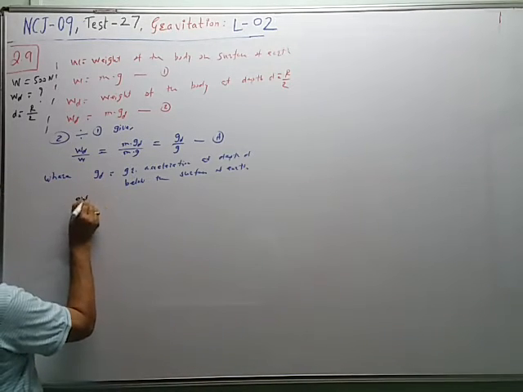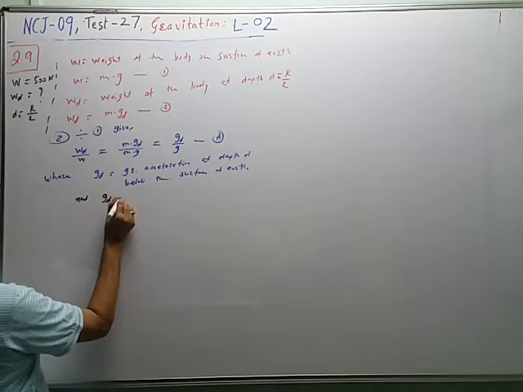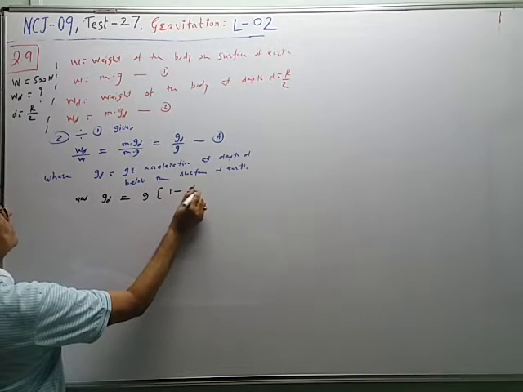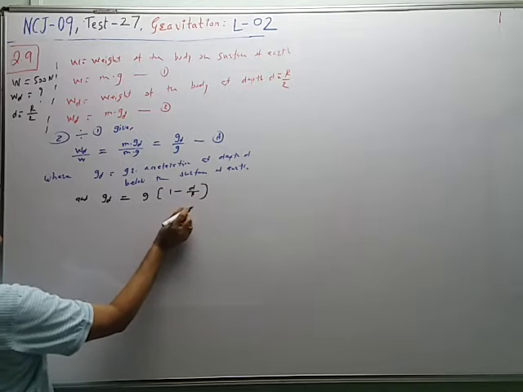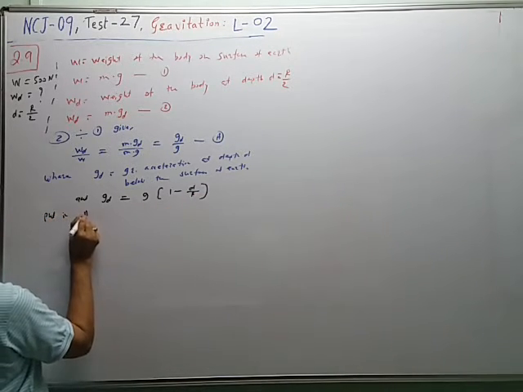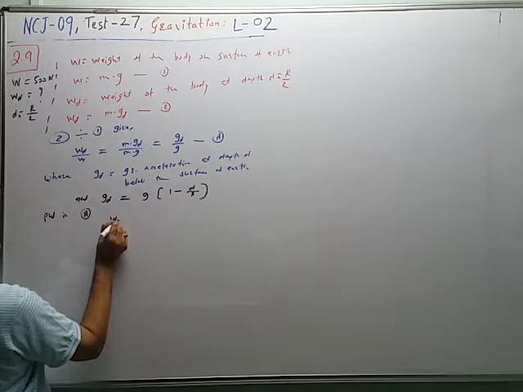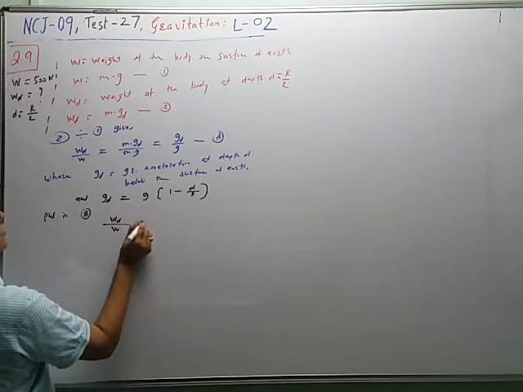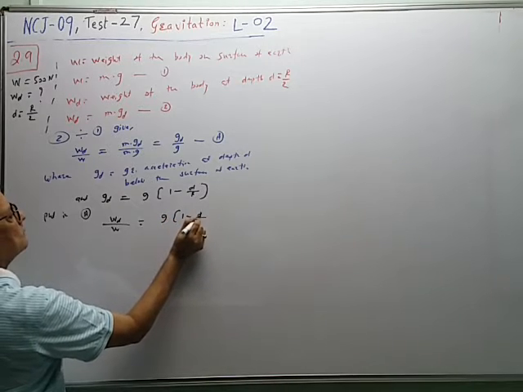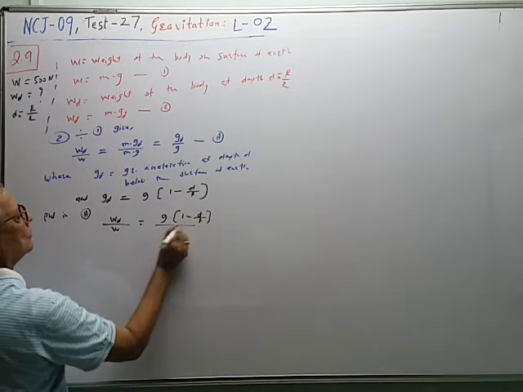And GD is equal to G into bracket 1 minus D by R. So put in A. Therefore WD upon W is equal to G into bracket 1 minus D upon R divided by G.